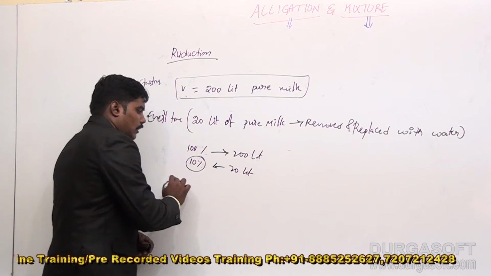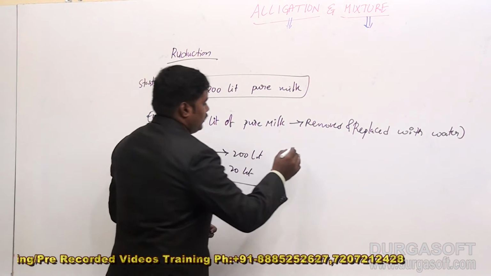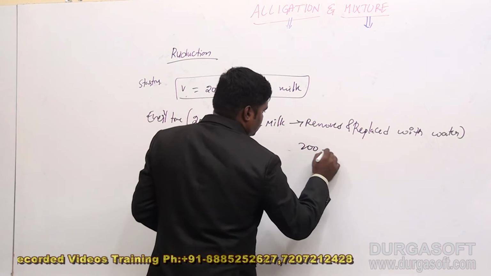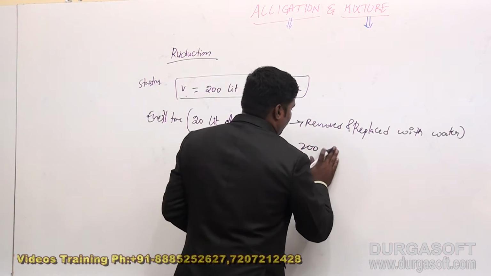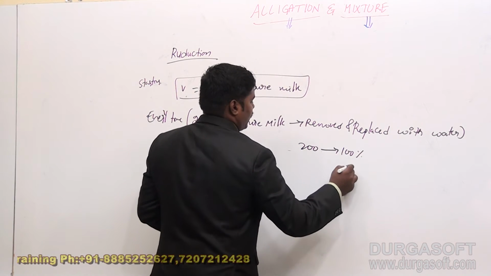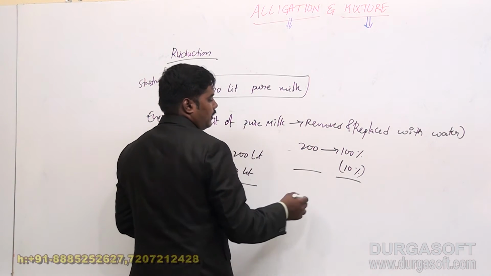So if it is done 2 times, initially in 200, first 10% was removed. If 10% was removed, what is the resultant content? It is 100%. If 10% is removed, what is the milk content here?